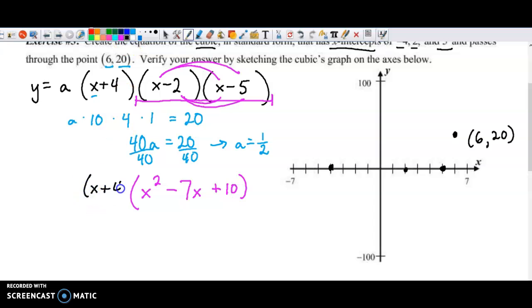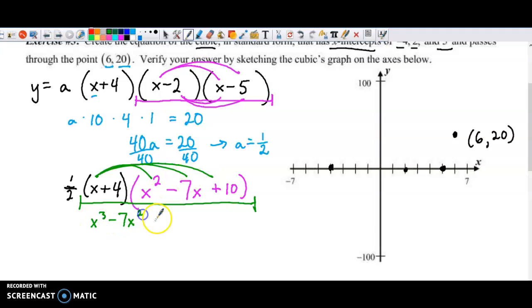And at this point, I like to wait until the very end to deal with a being 1/2. Because I like to FOIL, and it's not even FOIL, it's really the distributive property. x cubed minus 7x squared plus 10x, and then distribute the 4 to everything.